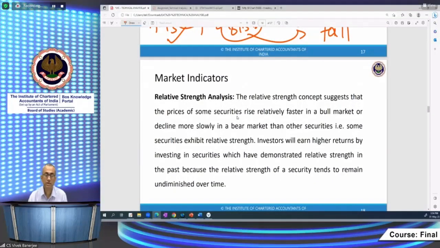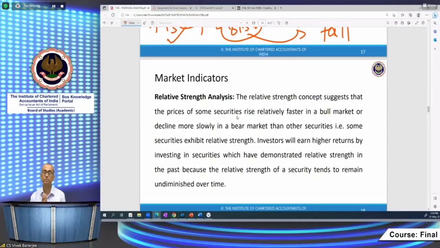Now come to relative strength analysis. What does relative strength suggest? A relative strength analysis suggests what is the strength of a particular stock in comparison to other stocks. Investors will earn higher returns by investing in securities which have demonstrated relative strength in the past, because relative strength of a security tends to remain undiminished over time.